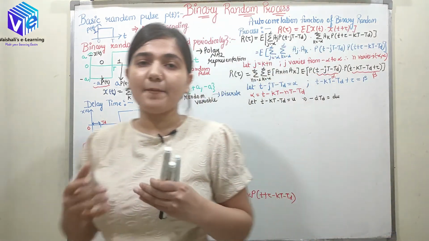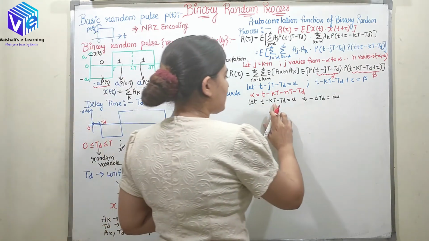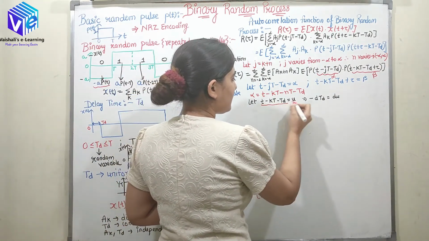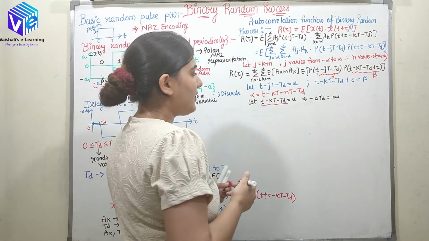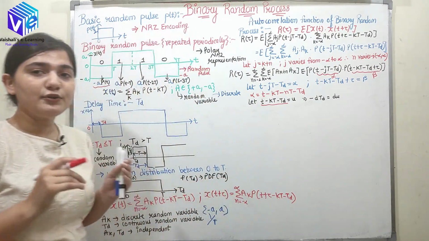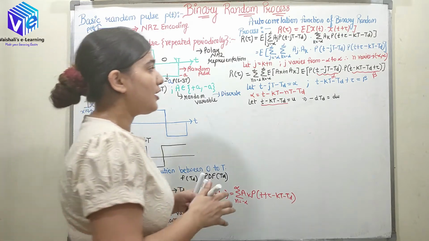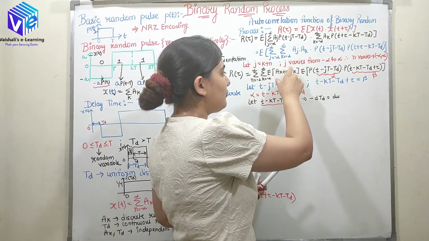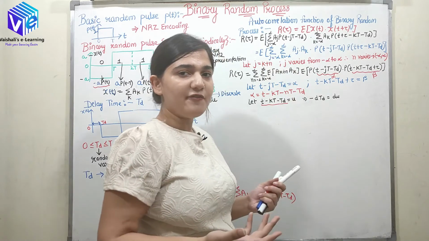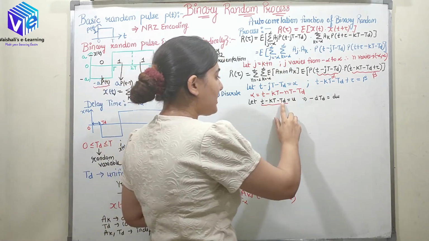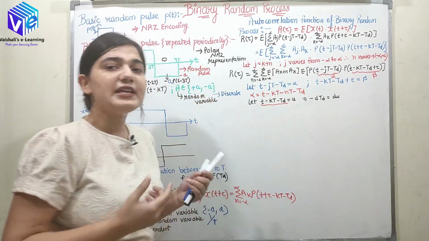Now I am supposing that t - kT - t_d is equal to u. Now I have to find all of the parameters in terms of delay time only, because I have already simplified the amplitude. Now I need to simplify in terms of delay time as well.